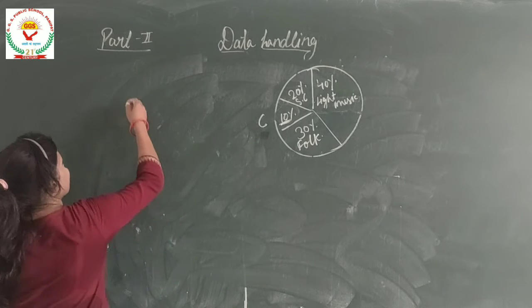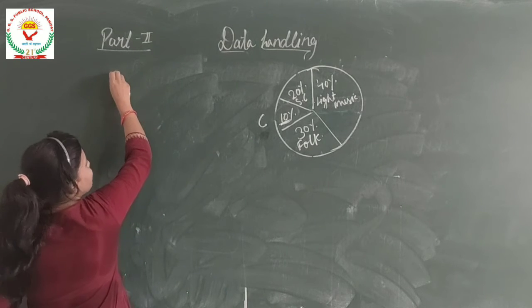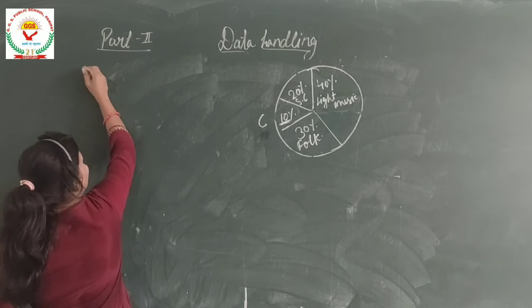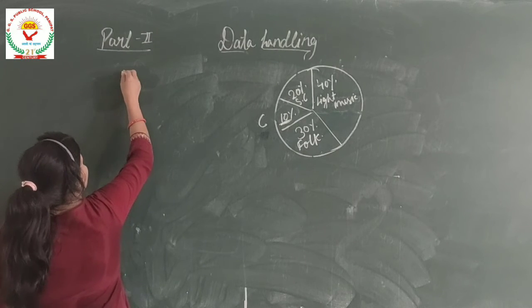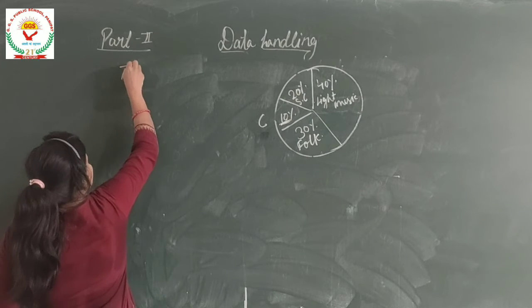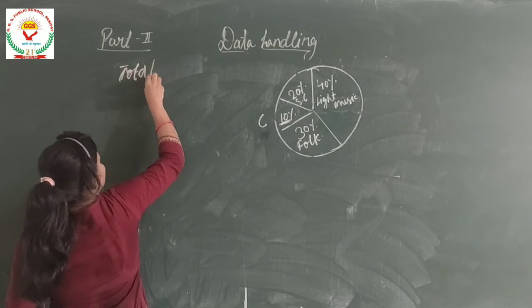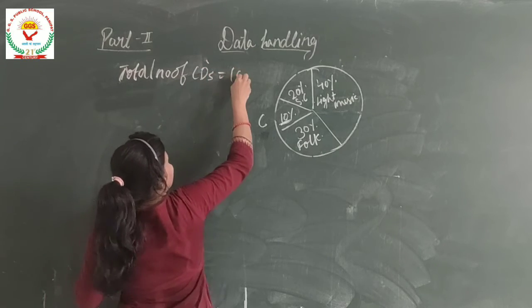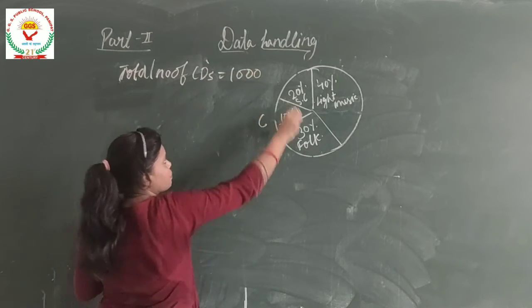First of all, we will write total number of CDs is equal to 1000.